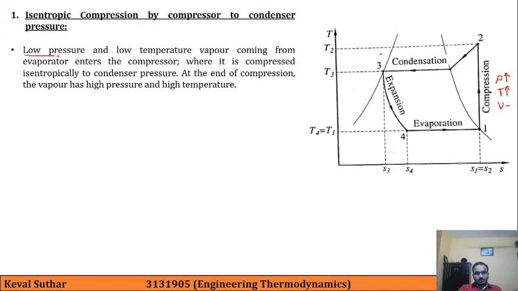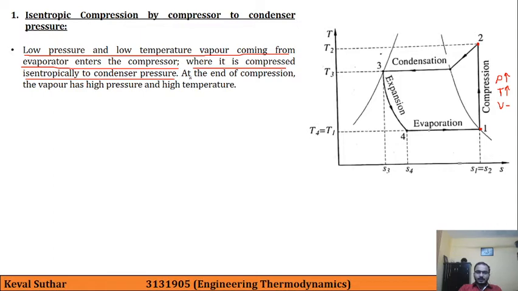Here the low pressure and low temperature vapor coming from the evaporator enters the compressor, where it is compressed isentropically to condenser pressure. So it comes up to a point where the pressure is the condenser pressure. At point 1 it is the evaporator pressure, and at point 2 it is the condenser pressure.